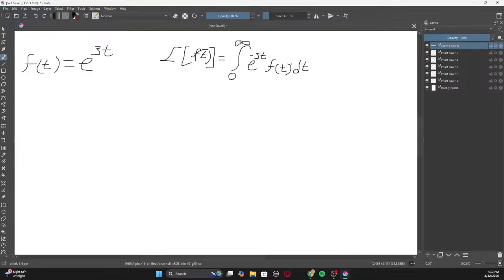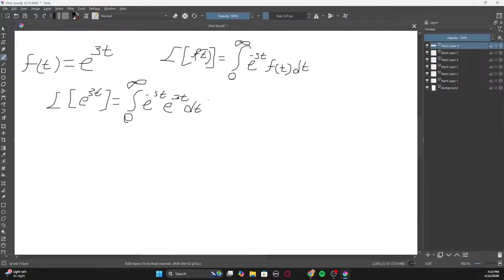So in this case, the Laplace transformation of e to the 3t will be equal to the integral from 0 to infinity of e to the minus st multiplied by e to the 3t dt. I feel like there's kind of a delay on here. I might be going crazy.